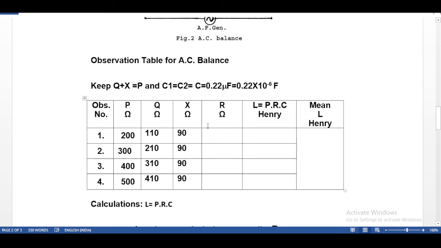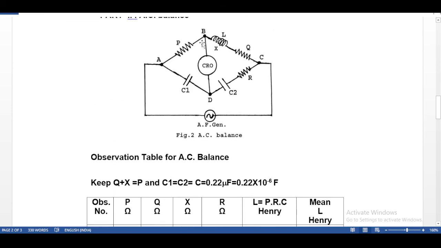Now, already from the first observation table we have this value X, and it is equal to 90 ohm in each case. Now what is our duty here? Q plus X is equal to P in the first branch, that is branch BC.